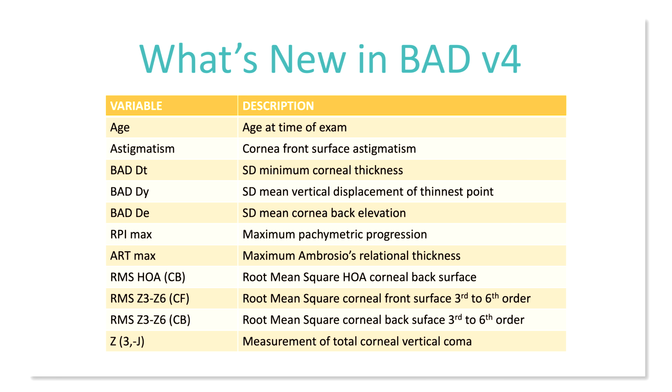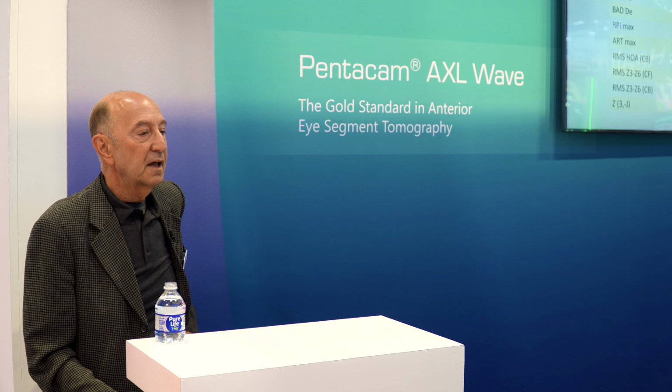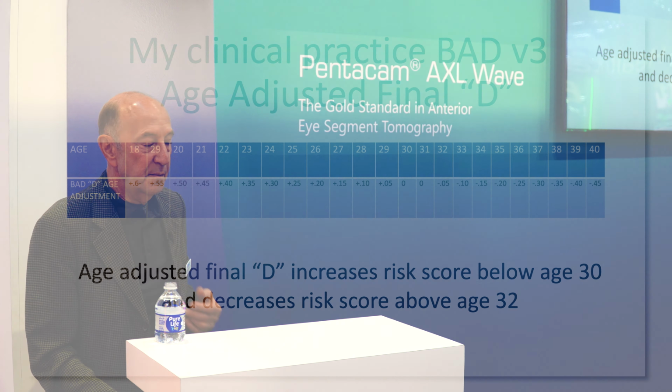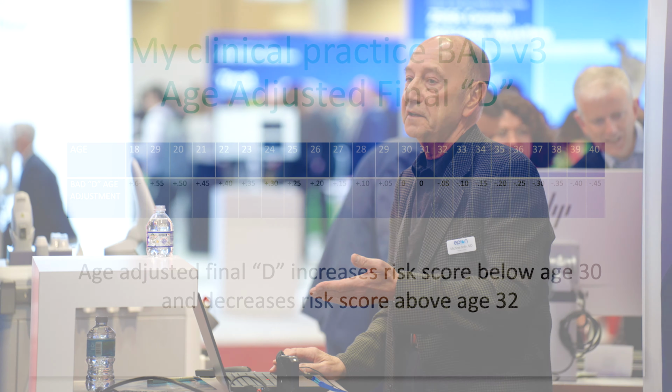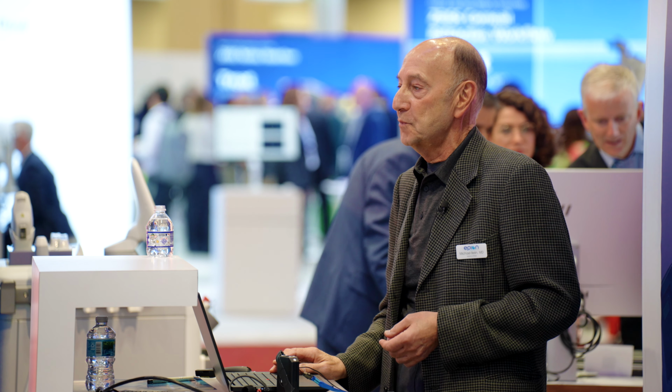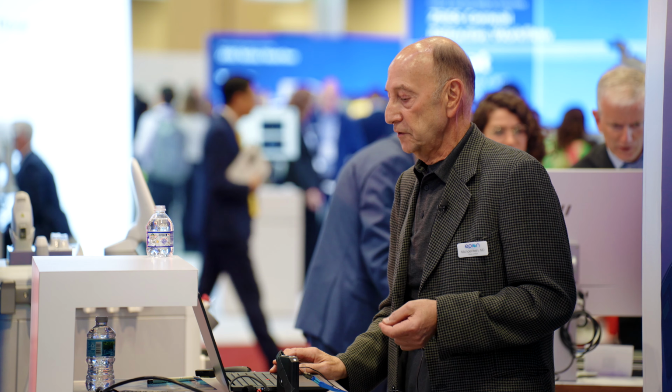And the one I'm going to highlight, only because it's been something I've done clinically myself, is age. Age was not a parameter utilized in the earlier versions. But when I've lectured, I've always said, in my clinical practice, I've always adjusted based on age. And I don't want you to look at this because you don't have to pay attention to it anymore, because version 4 will do this for you, but there is an age adjustment.